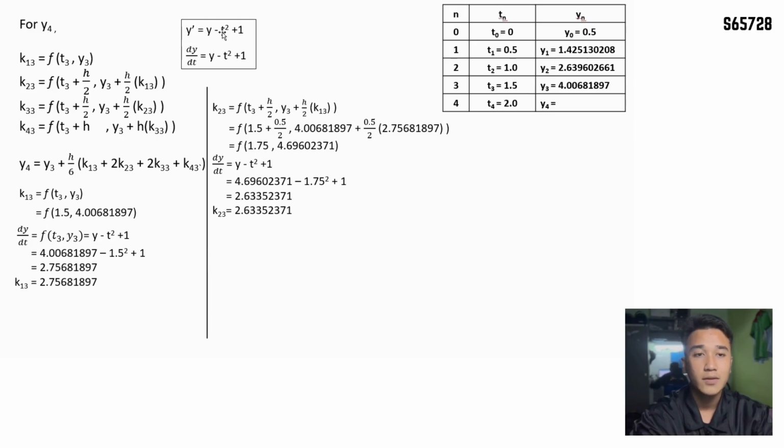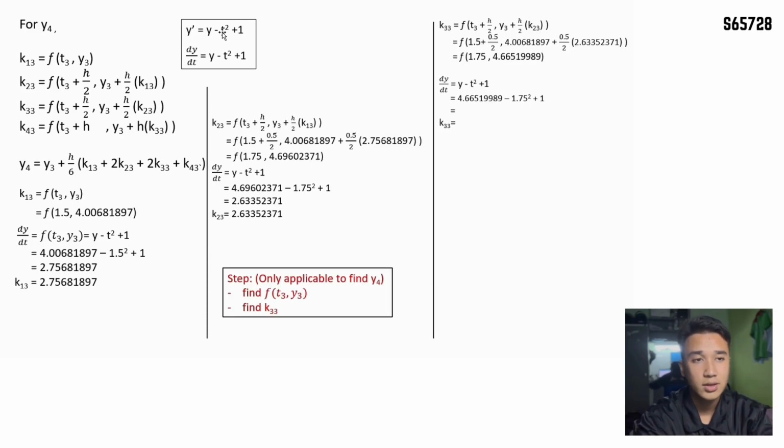2.6335237. After that, we proceed to the formula to find k33, which is t3 plus h over 2 and y3 plus h over 2 times k23. And then 1.5 plus 0.5 over 2 to find the value of t3, and then 4.00681897 plus 0.5 over 2 times 2.633523671 to find the value of y3.